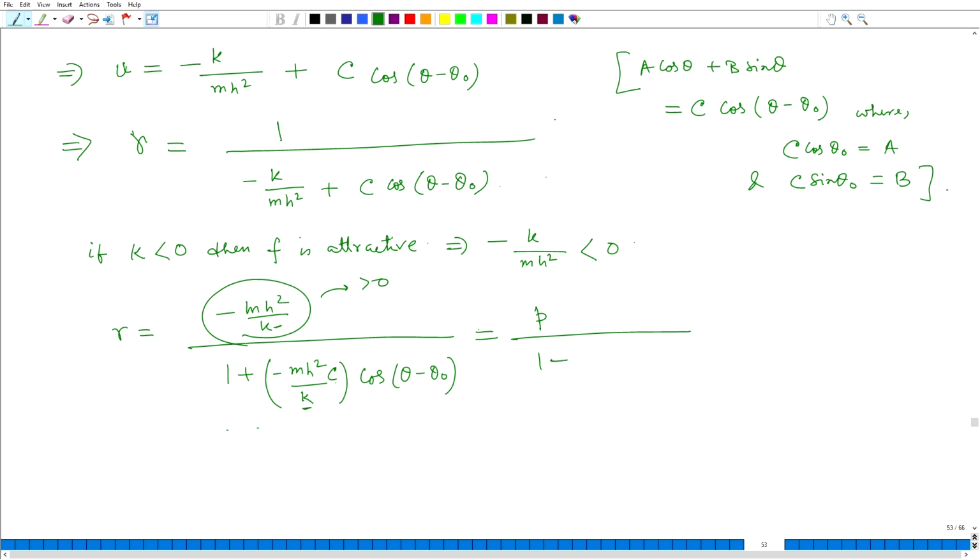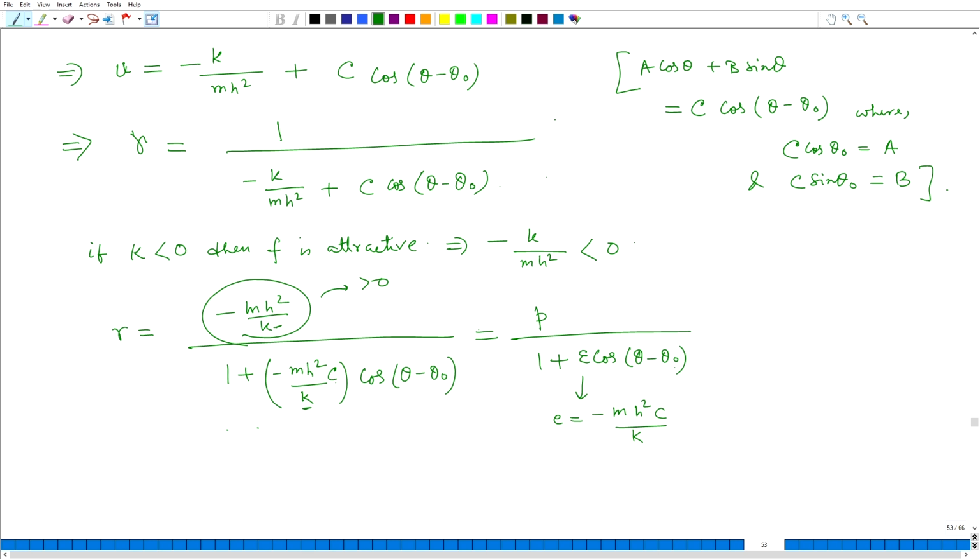So epsilon is equal to minus m h square c by k. I write epsilon, which is easier because epsilon is the standard notation; many books write that. Then cos theta minus theta 0.